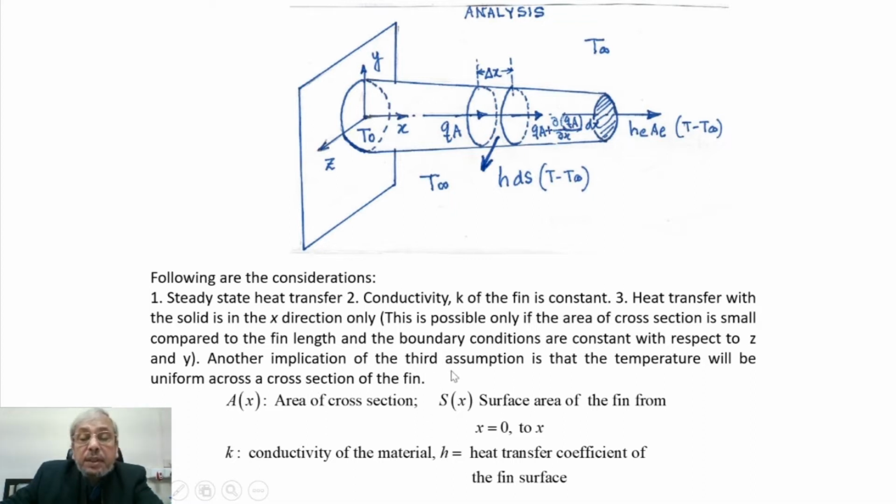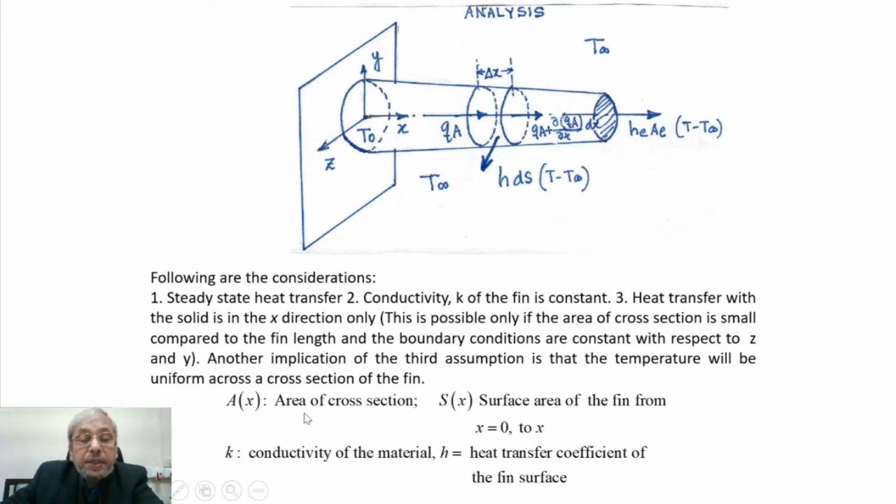Another implication of the third assumption is that the temperature will be uniform across a cross section of the fin. So the cross sectional area is given by Ax.